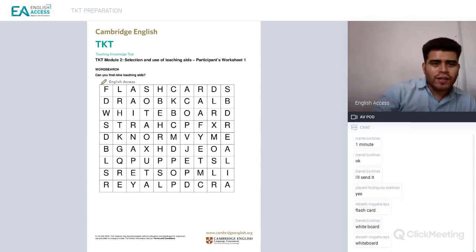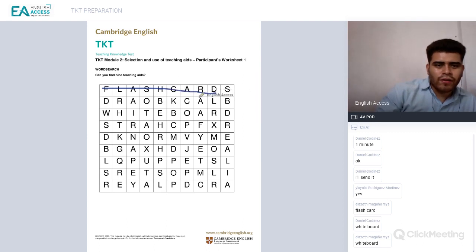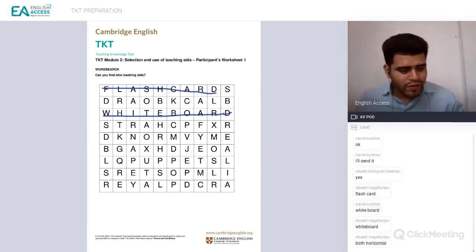All right. So the first one, they said flashcard. Okay. You see whiteboard. Both are horizontal. Yes.